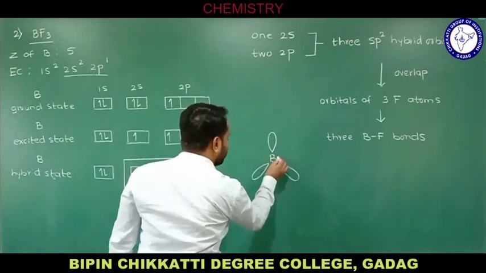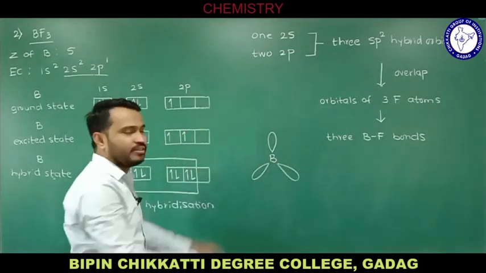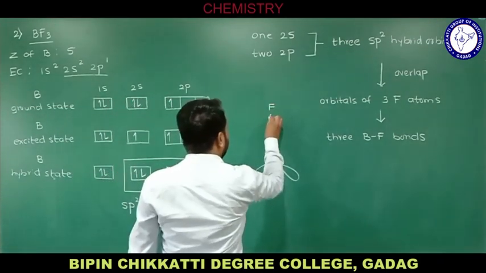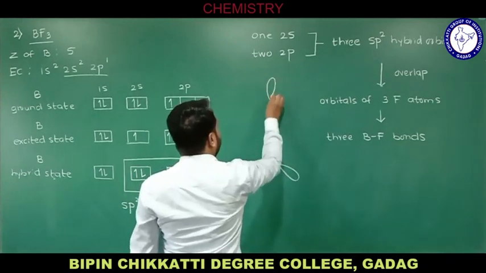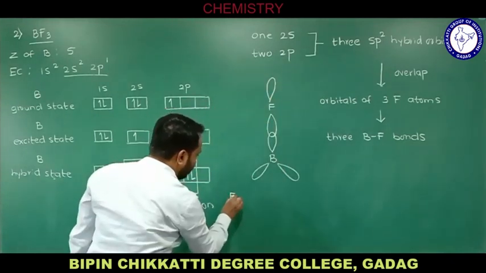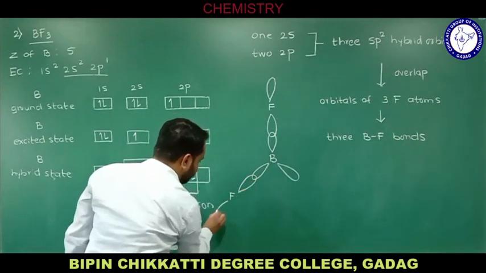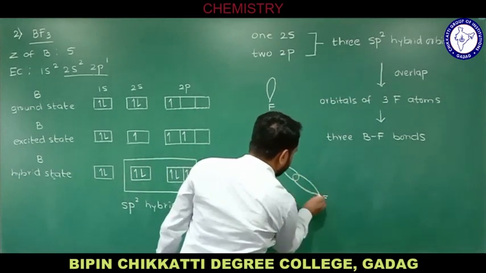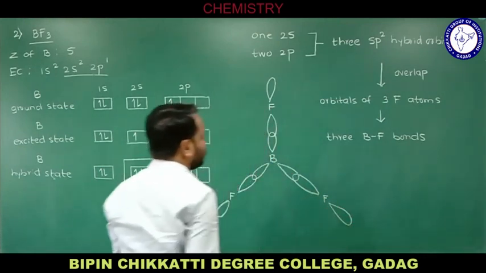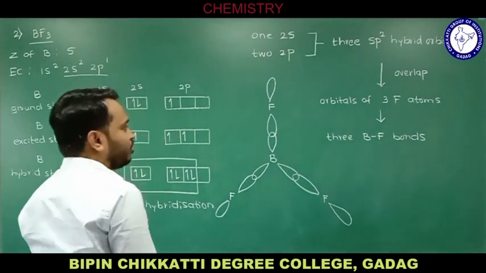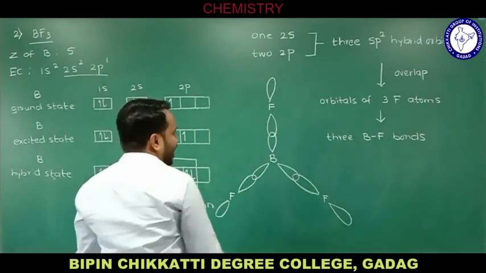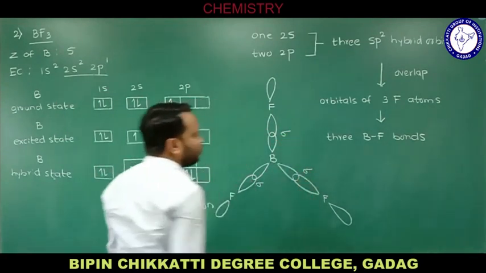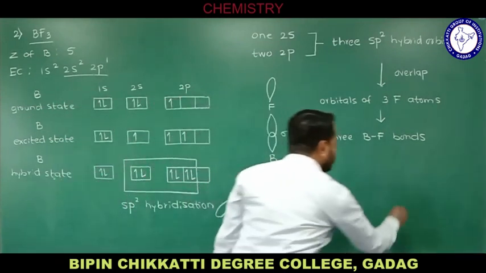Of course we can represent the smaller nodes which represent the sp2 hybrid orbitals, and 3 F we have. So this is the 1 F, and the atomic orbitals of F are going to overlap over here, and if I consider F over here, this is how there will be overlapping, and if I consider F over here, this is how there will be overlapping of hybrid orbitals of boron and the atomic orbital of F. Since it is head-on overlapping, sigma bond is formed, and here also sigma bond is formed. In simple terms, I can mention the shape like this.